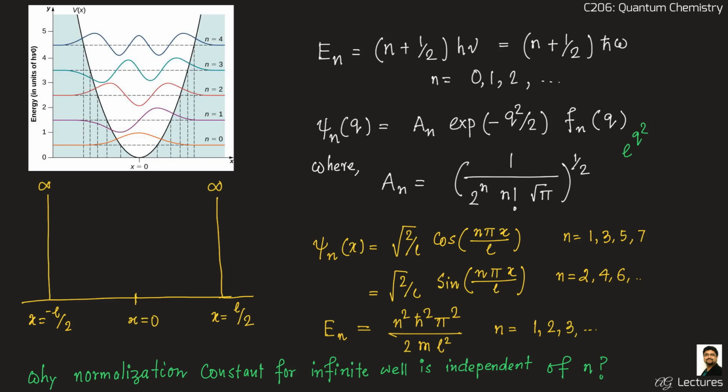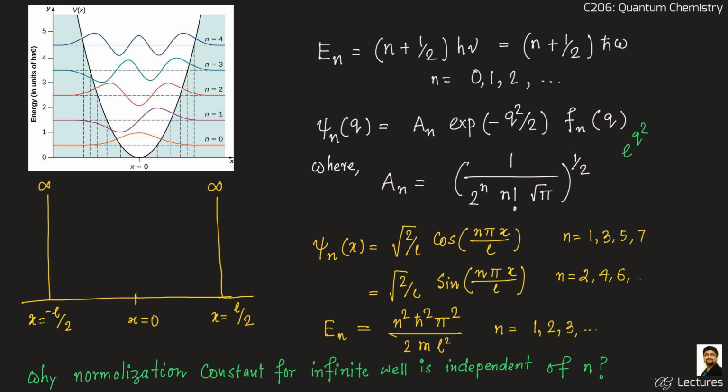The normalization constant. The normalization constant has factorial n and to the power n in the denominator. And as n goes to infinity, these two will bring down the normalization constant gradually to 0, countering the effect that fn is bringing the amplitude up.